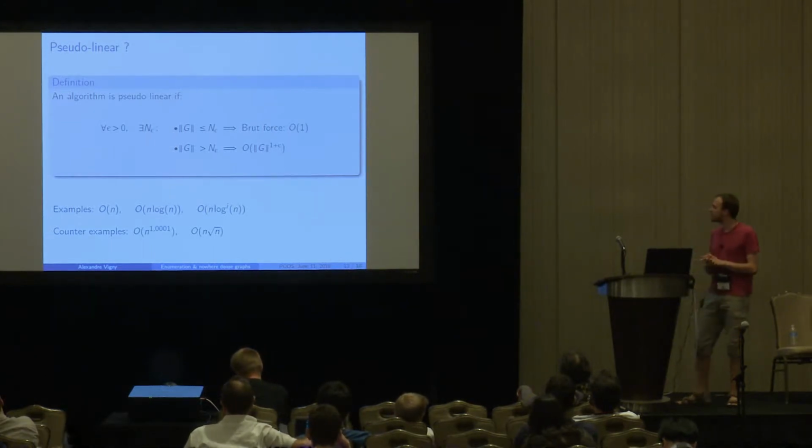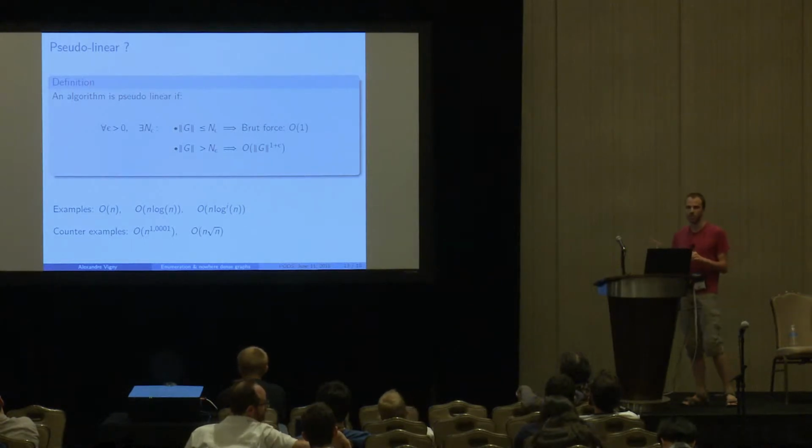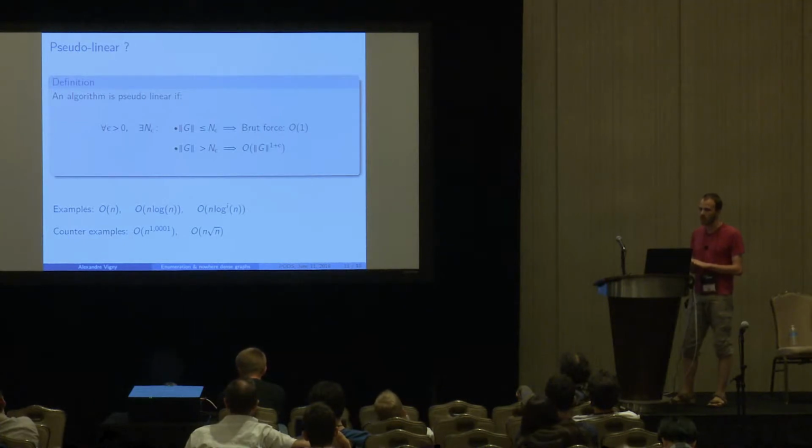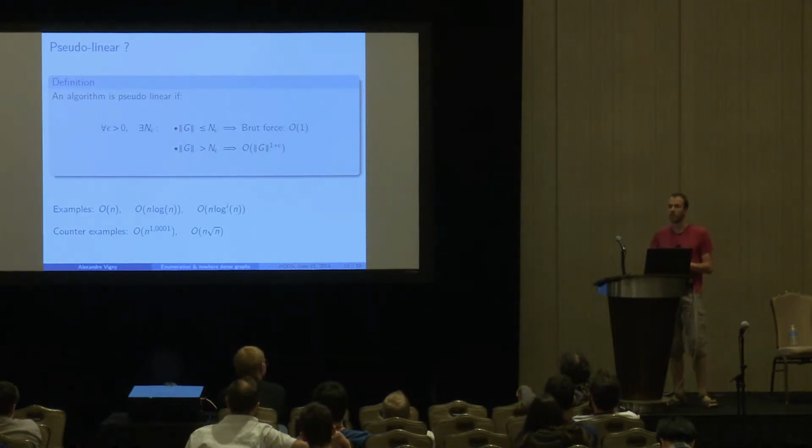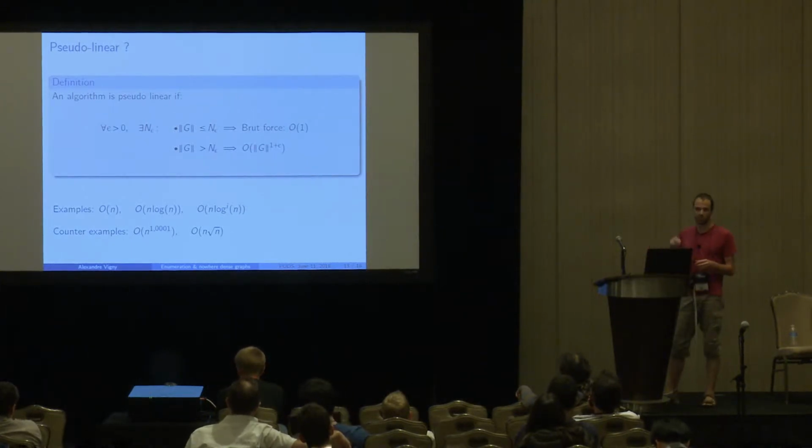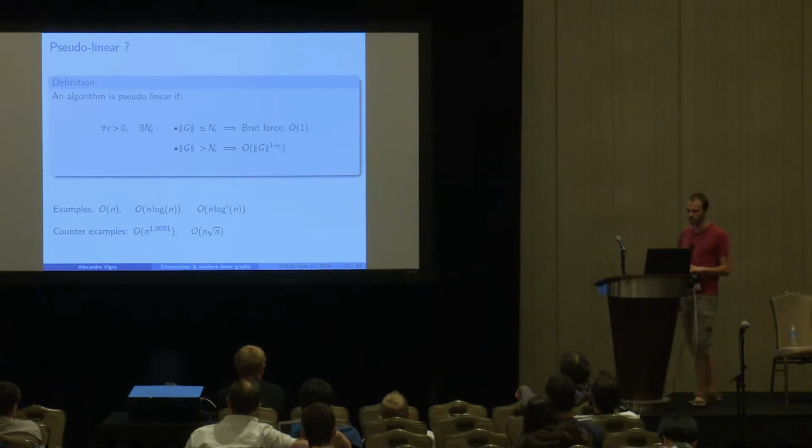If the database is smaller than this rank, then we can brute force because we have a small database. So for example, any n times polylog is a pseudo-linear running time, but if you have an exponent that is strictly bigger than 1, then we do not have pseudo-linear preprocessing.